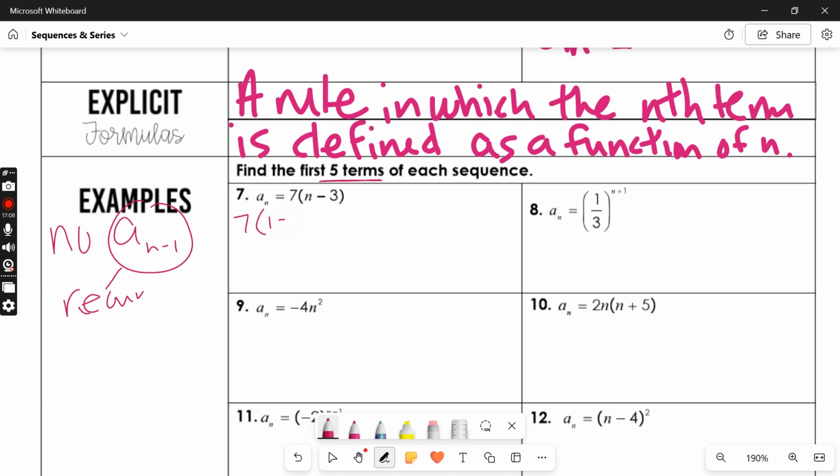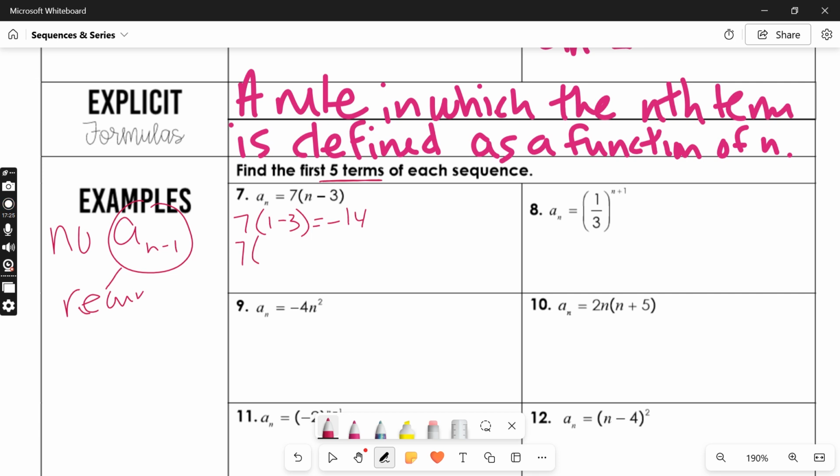So I'm going to do 7 times 1 minus 3, which is negative 14, sorry.